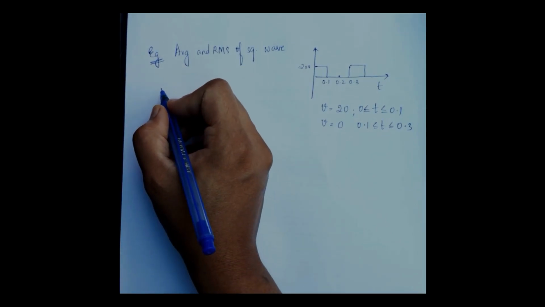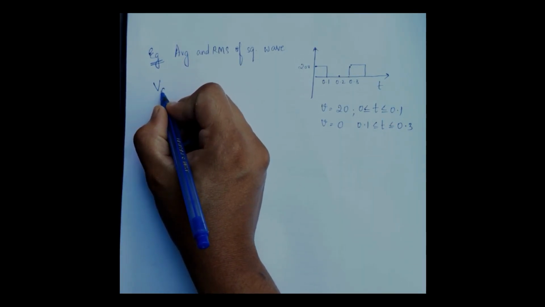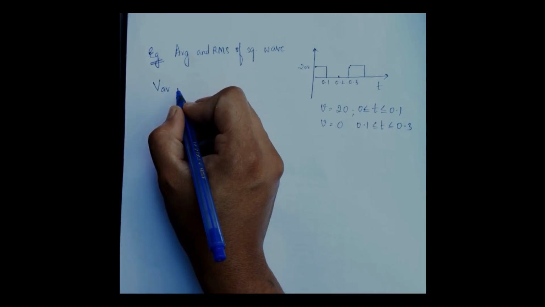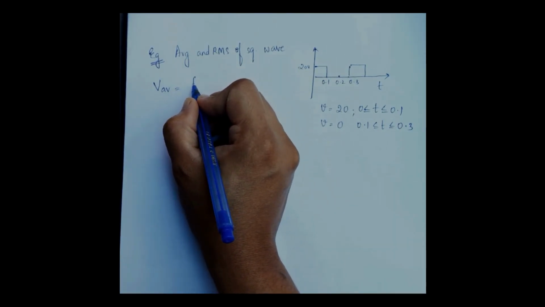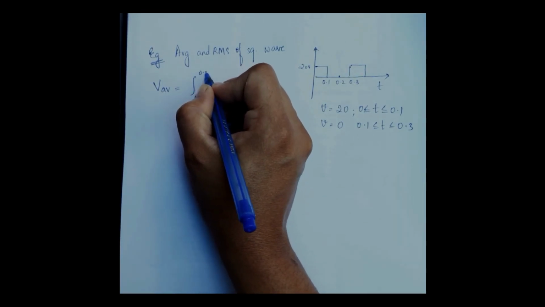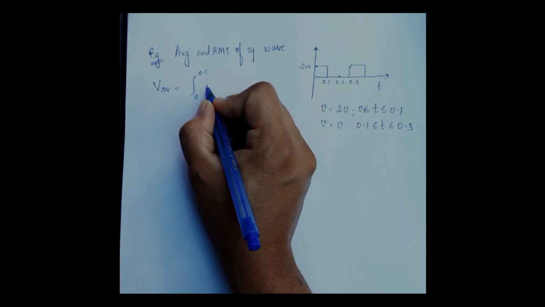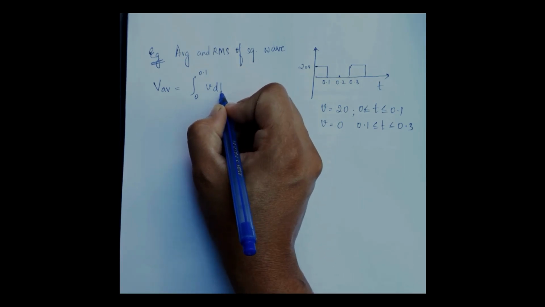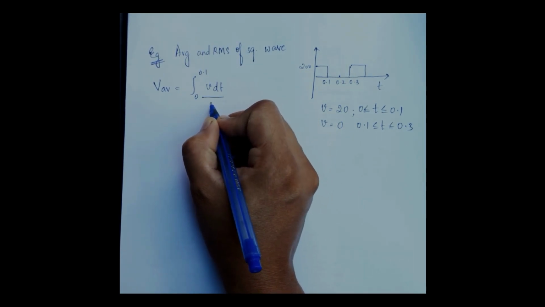Let's begin by finding the V average, which will be 0 to, we will take only 0.1 because the rest of the wave is 0 anyway. Divide by the time period, which is 0.3.